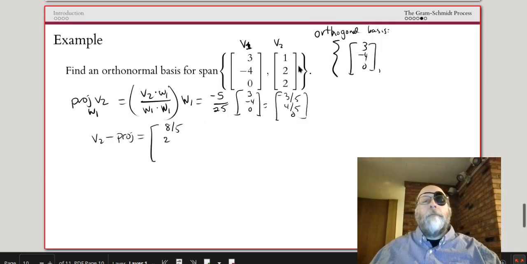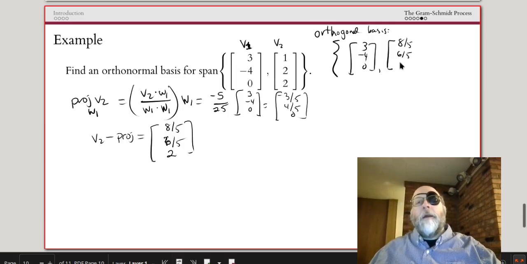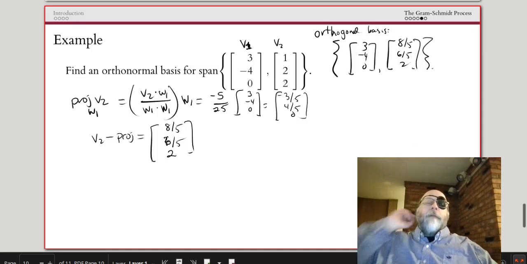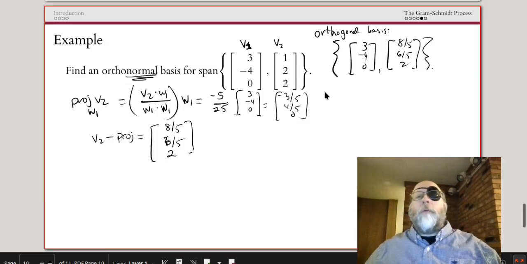No, 8/5. Hold on, let's see. 10/5 minus 4/5 is 6/5. There we go. And 2 minus 0 is 2. That's our orthogonal basis, but once again, the problem asks for an orthonormal basis.